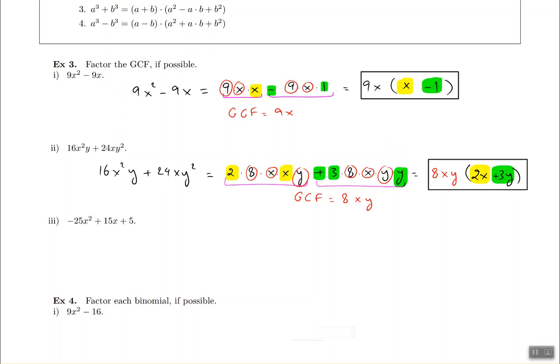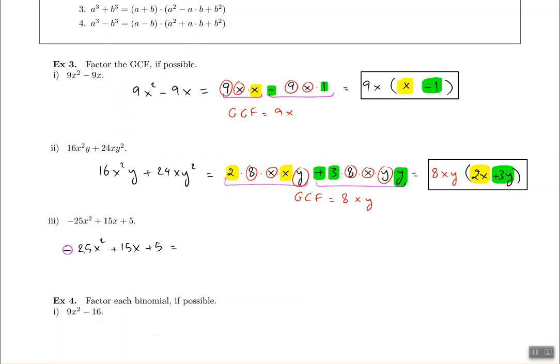Now finally, the last problem in this case has negative 25x squared plus 15x plus 5. And the special thing here is that my first term is a negative 25. So that's going to create a little bit of an issue. Whenever your first term is negative, you're going to have to factor a minus sign out with the GCF.